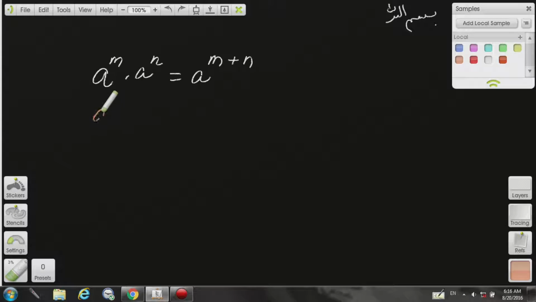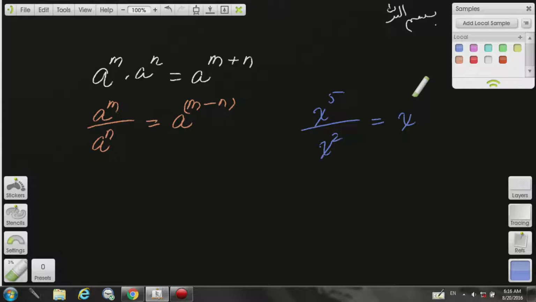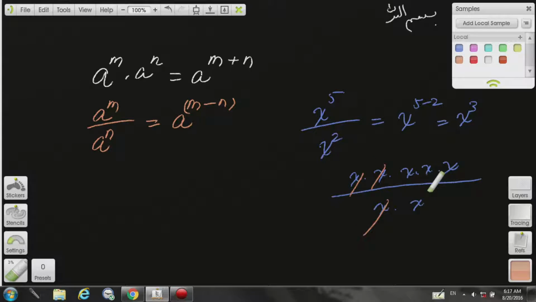And then we had a to the m over a to the n equals a to the m minus n. So x fifth over x squared is x to the 5 minus 2, or x cubed. The way I imagine this, there are 5 x's on the top and 2 on the bottom, and these cancel each other out, leaving 3 in the top.